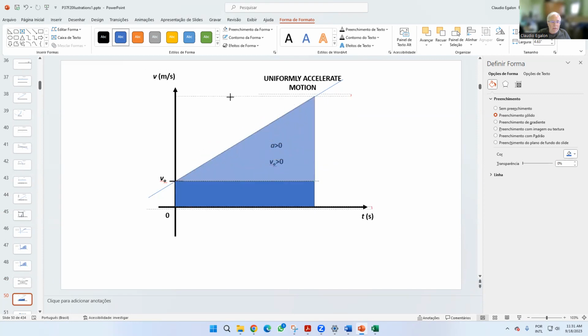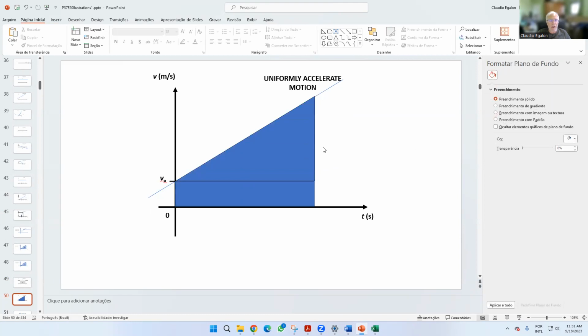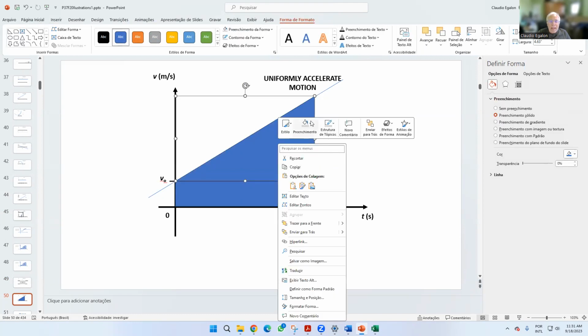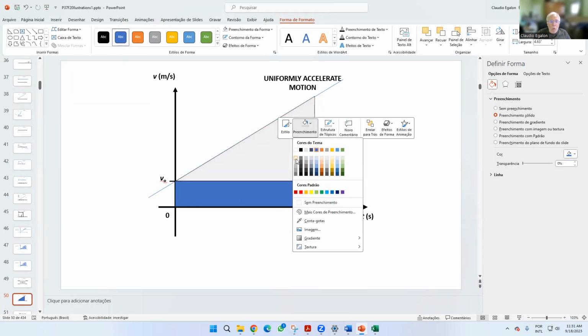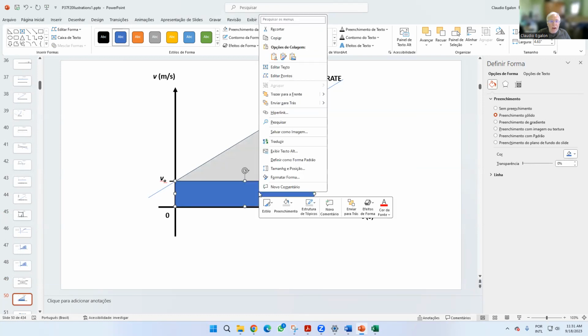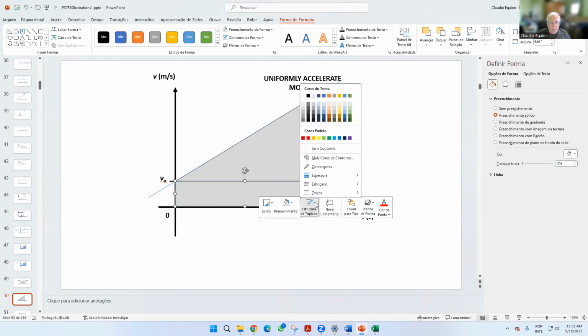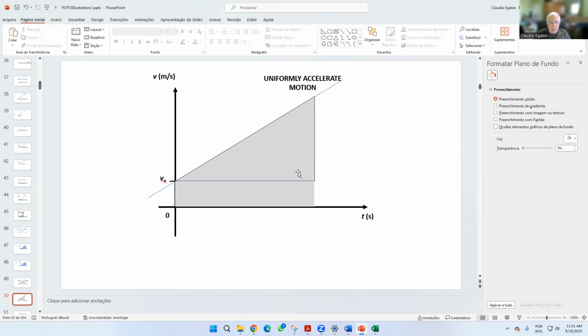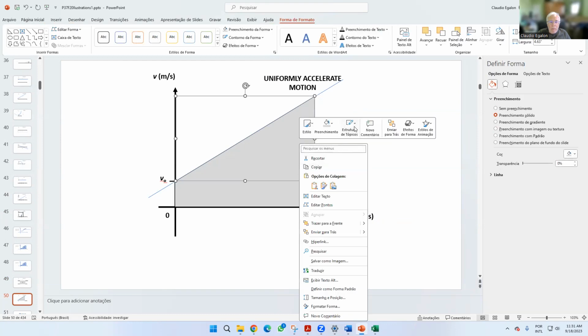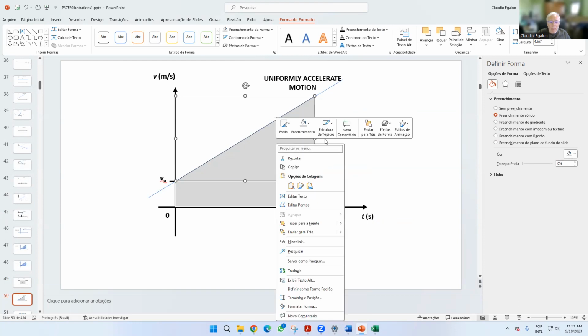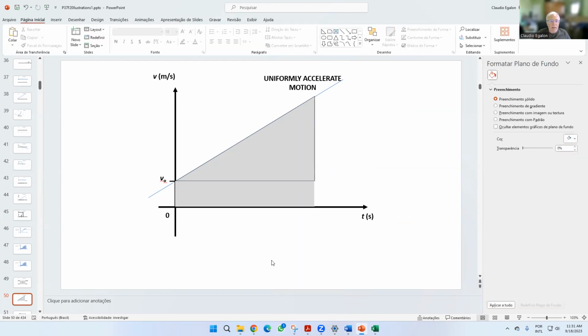Let's see if I can fit a triangle here. Yep, I managed to fit a triangle here. The area below this graph coincides with what?